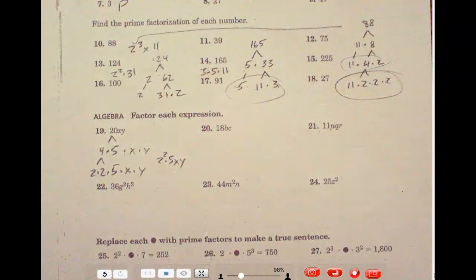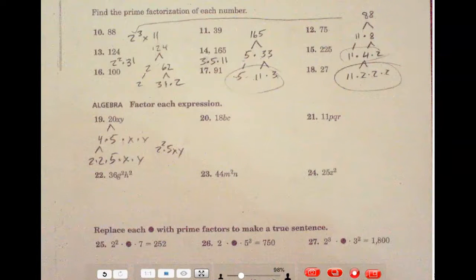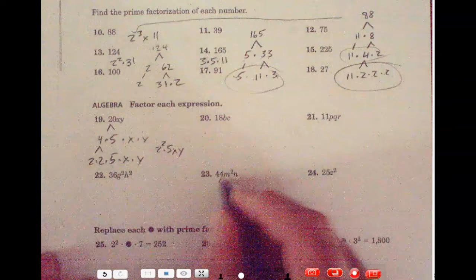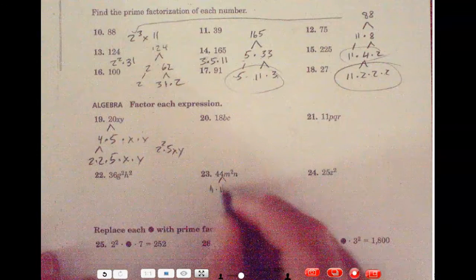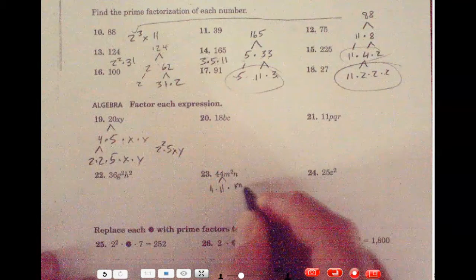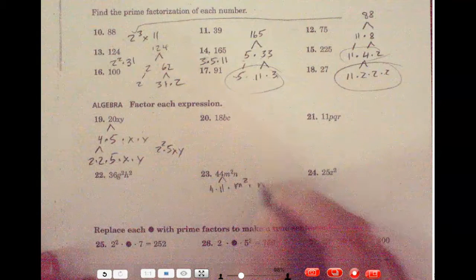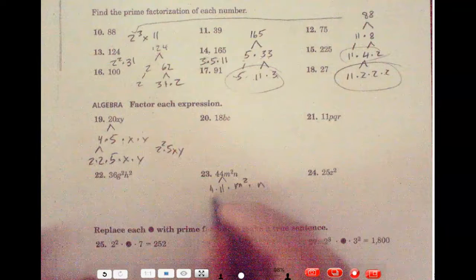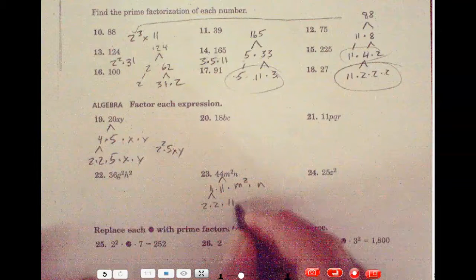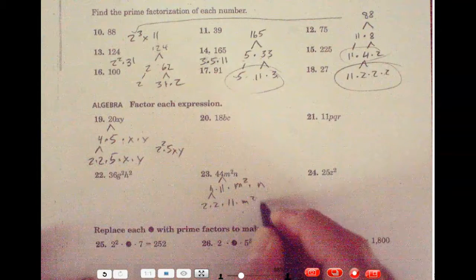This is an interesting one. 44m squared n. We can factor this as 4 times 11 times m squared times n. We can break that 4 down into 2 times 2 times 11 times m squared times n.